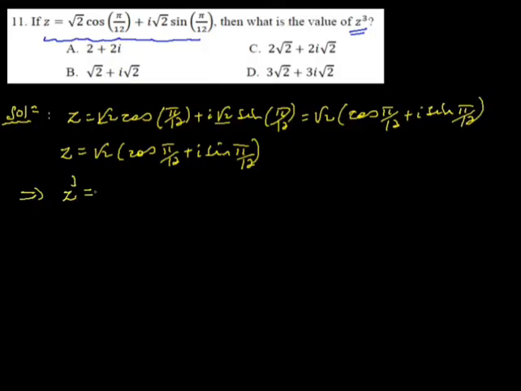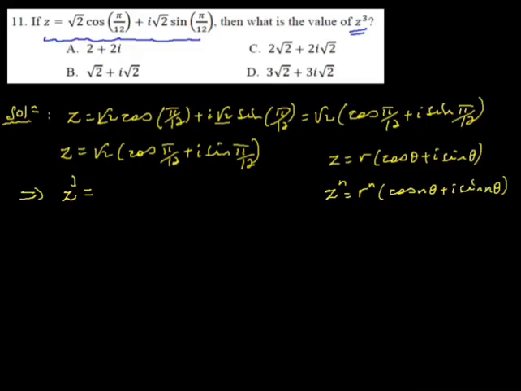As I have told you before, for a certain complex number z equal to r times cos theta plus i times sine theta, z to the power of n means r to the power of n into cosine of n theta plus i times sine n theta. This is De Moivre's law.